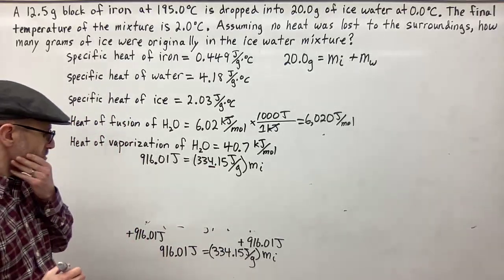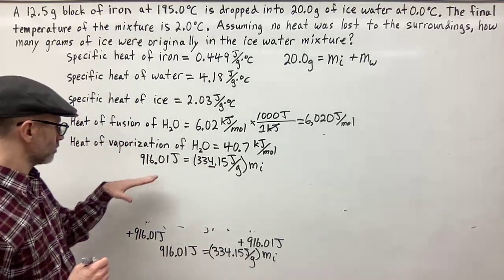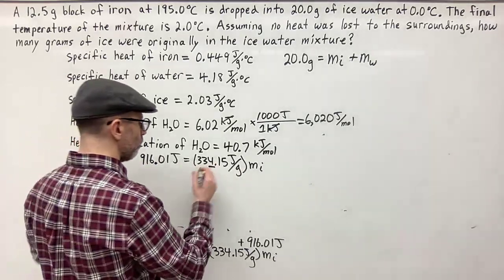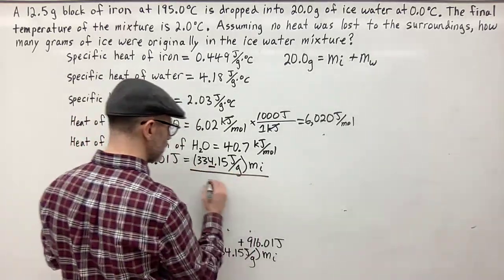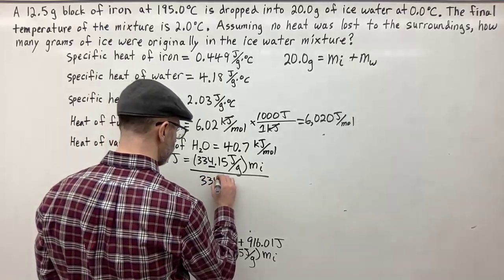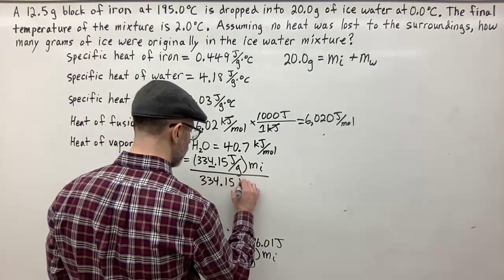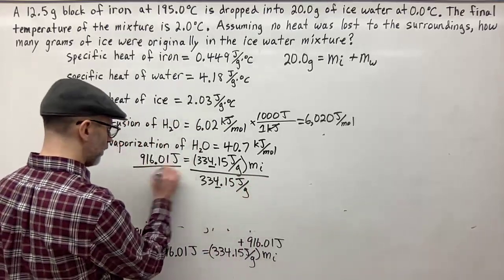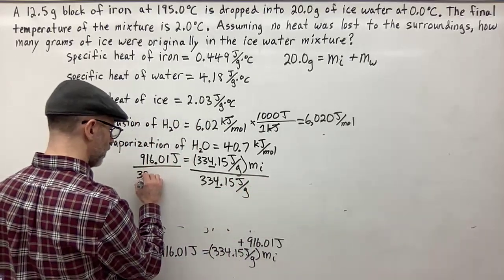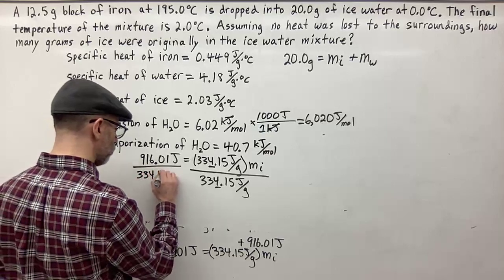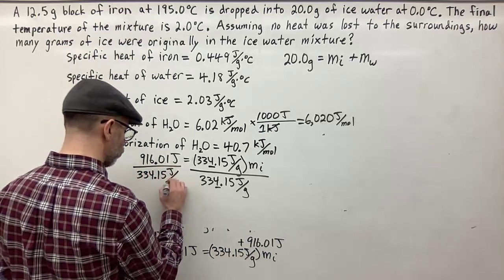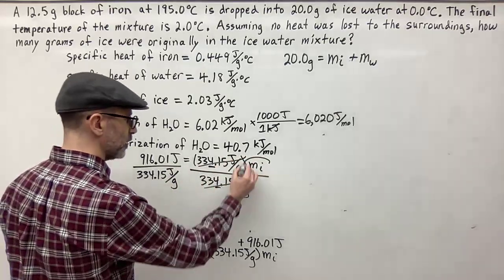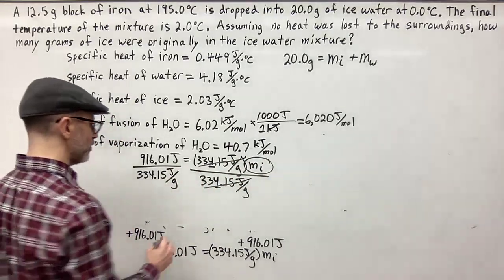All I need to do now is divide both sides by 334.15 joules per gram. This is going to cancel out, leaving me with the mass of the ice.